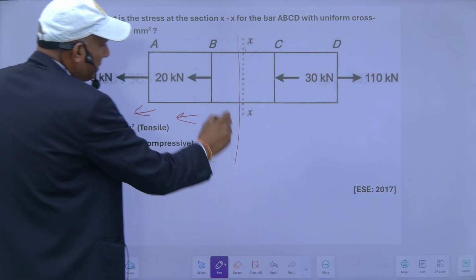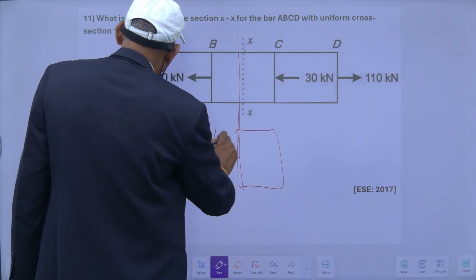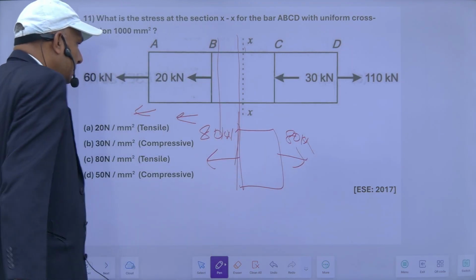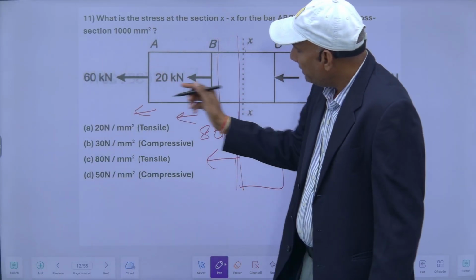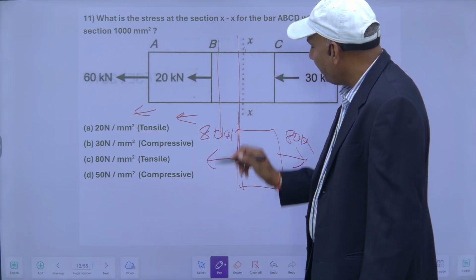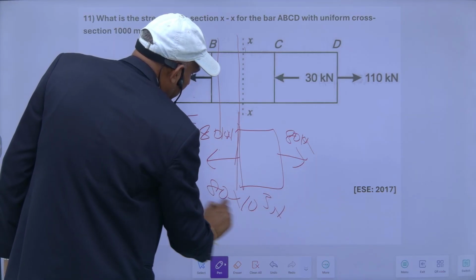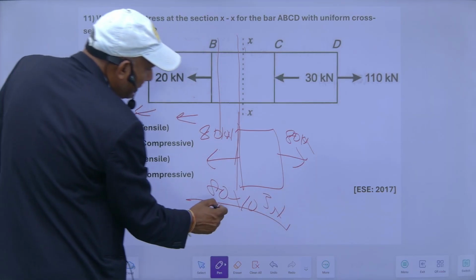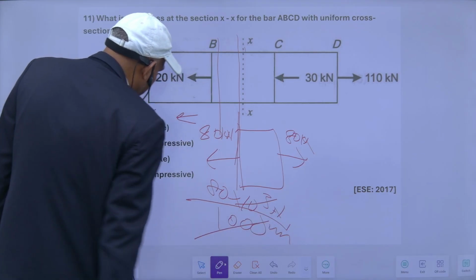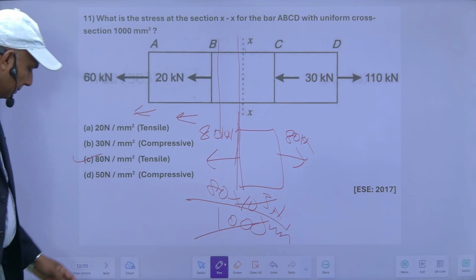So the force is 80 kilonewton, which is a tensile force, and stress will be equal to load upon area. That is 80 kilonewton upon an area of 1000 mm square, which means 80 Newton per mm square tensile. So this is the correct answer.